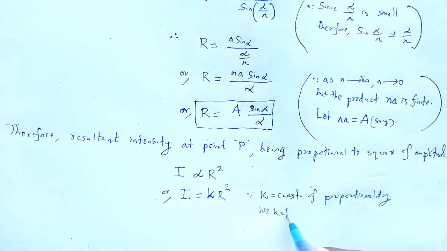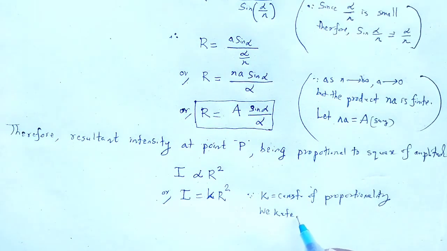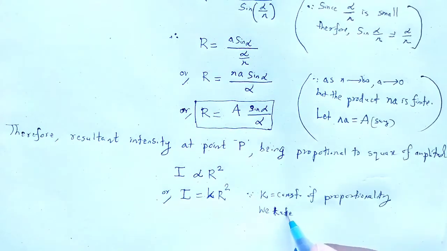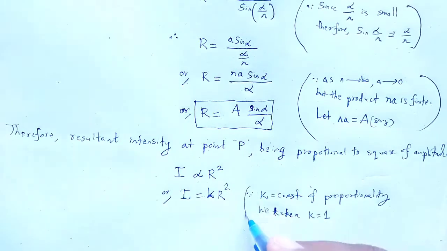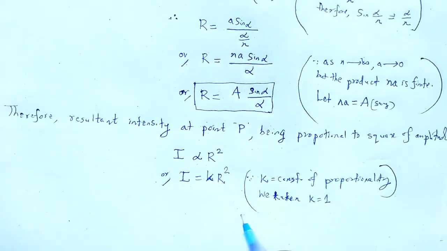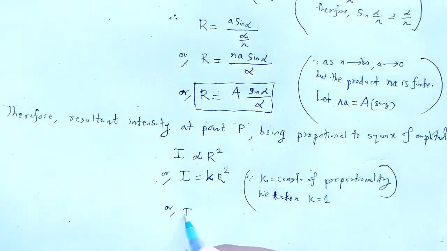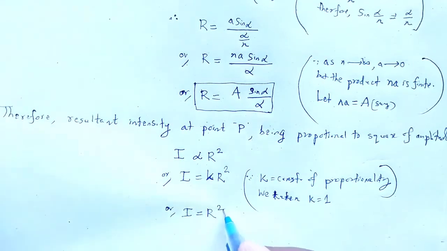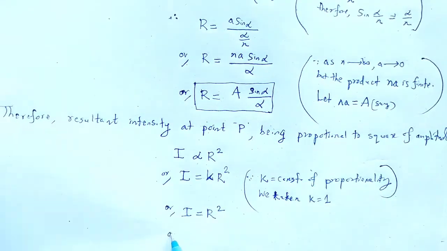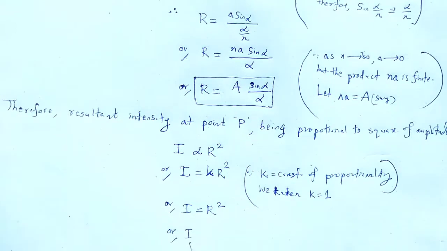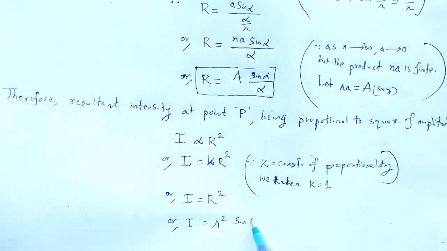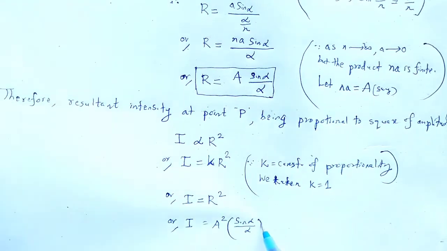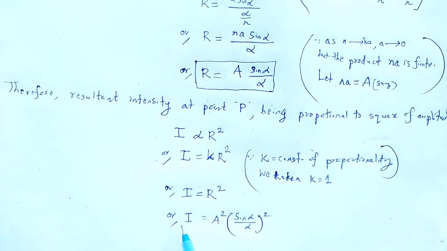We have taken K is equal to 1, or I is equal to R square. The value of R square is put here. So the resultant intensity I is equal to A square sin alpha by alpha square.